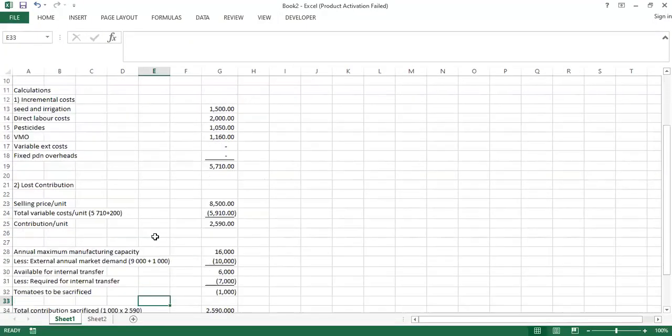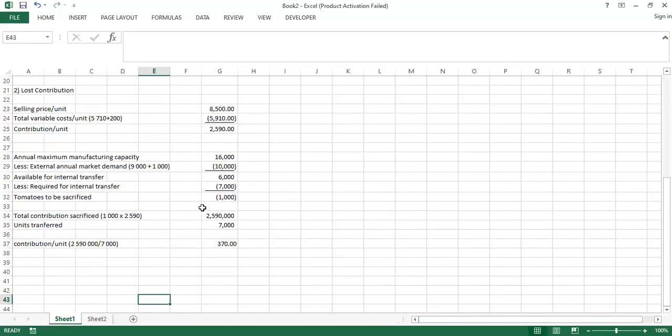So we are sacrificing 1,000, right? And then we are transferring 7,000 because they want 7,000. So part of this whole 7,000 that is being transferred, 6,000 is not a sacrifice, remember, because we already have extra capacity for that. It's only this 1,000 that we need to take from either this 1,000 or that 9,000. So because that 9,000 is a non-cancelable contract, we can only take from the 1,000.